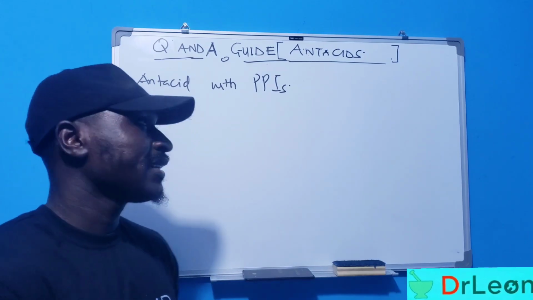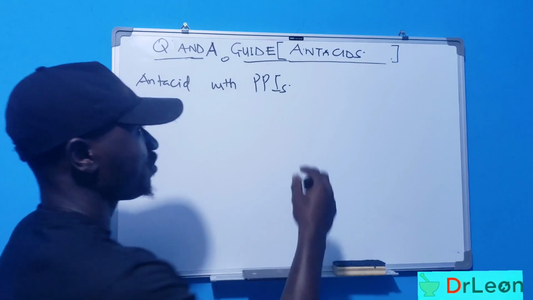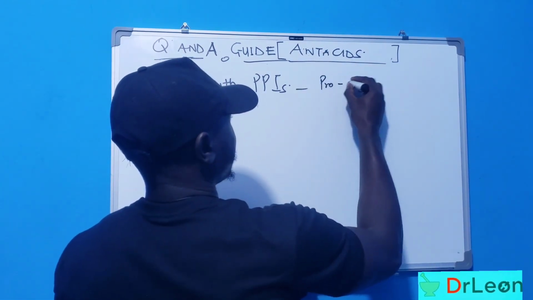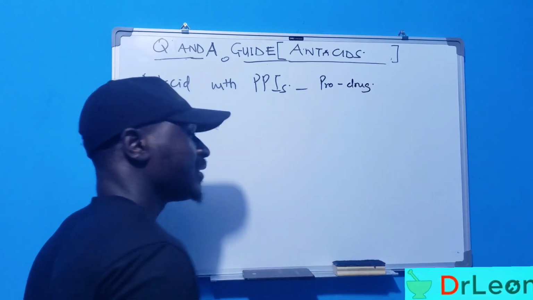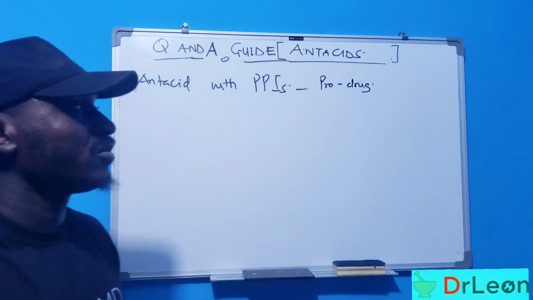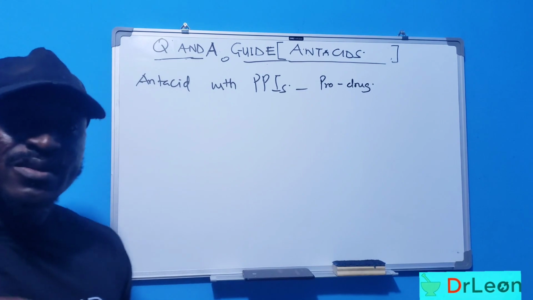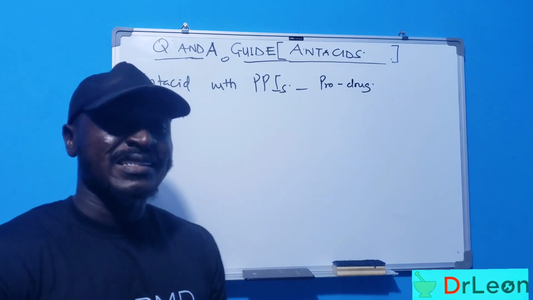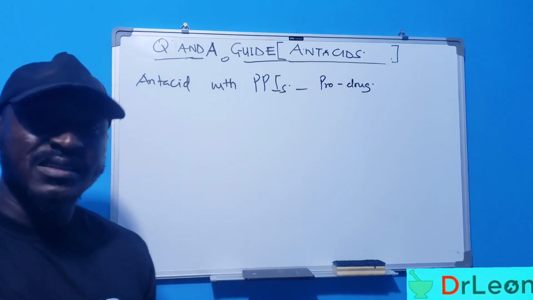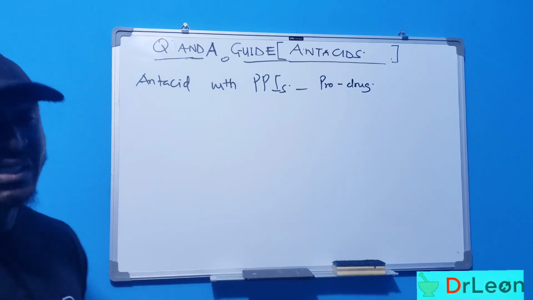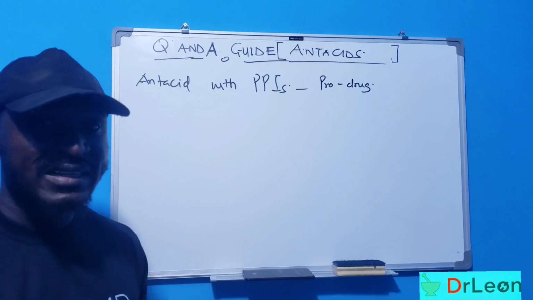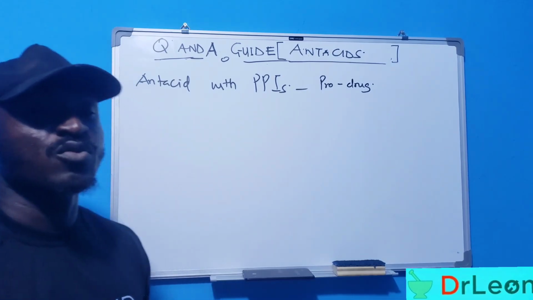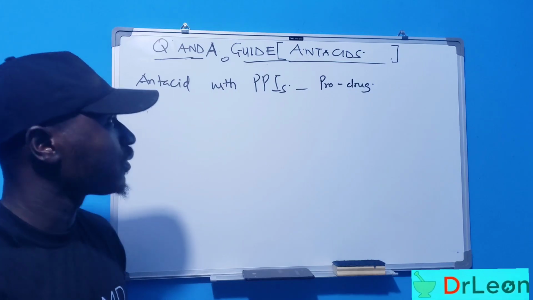If you remember, I said PPIs are prodrugs, meaning they are inactive and they need to be activated. They need an acidic environment in the parietal cells to be activated, so that they can get into their active form to block the proton pump.